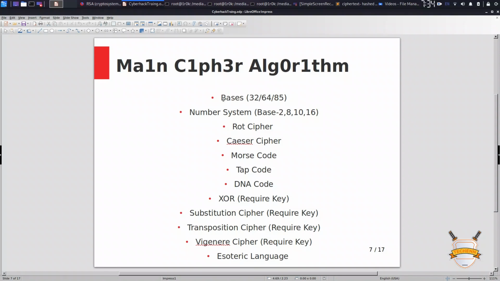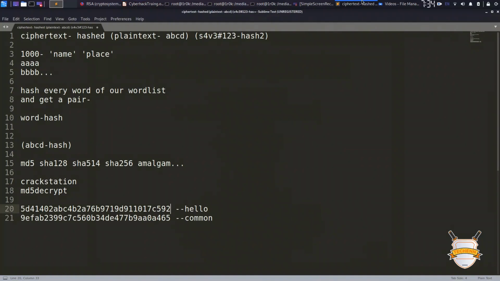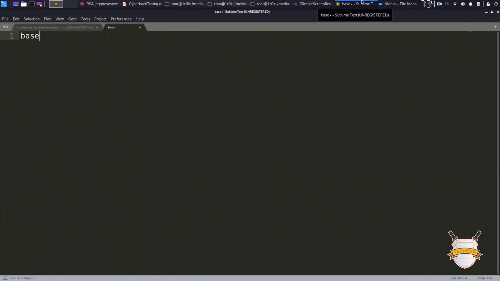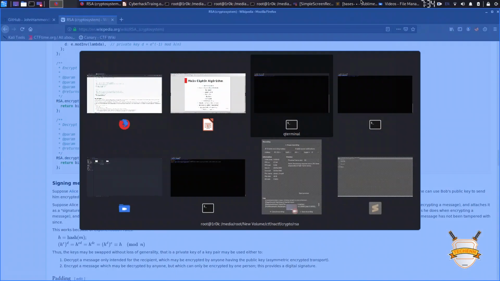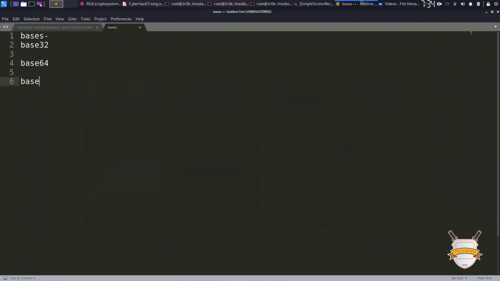So starting from the first, we have our bases: base 32, base 64 and base 85.